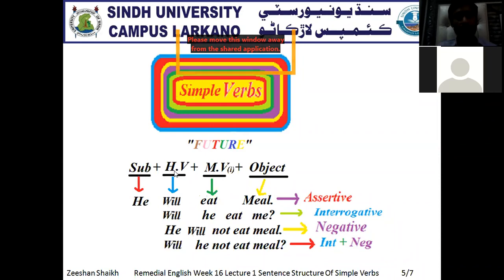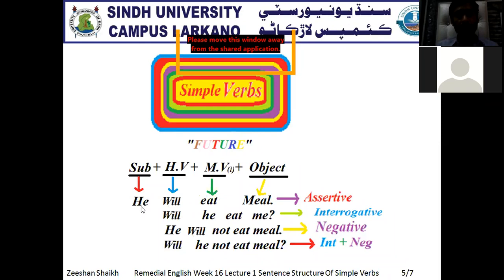In the second place, we have to give the helping verb. At the third, we have to give the main verb, and in the last, which is your fourth, we have to give the object. Now, everybody knows what the helping verbs of future are. Of course, will and shall are the helping verbs which are used within the future simple tense.